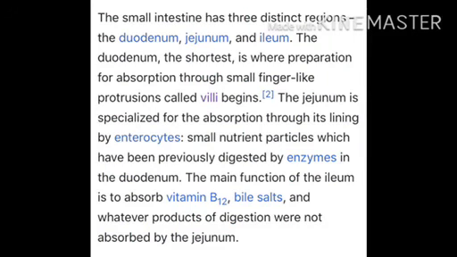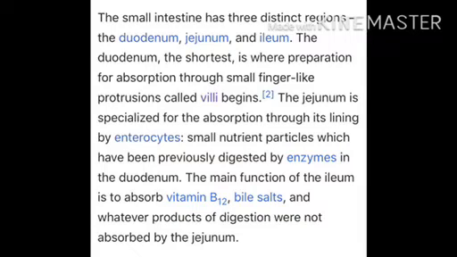The small intestine has three distinct regions: the duodenum, jejunum, and ileum. The duodenum, the shortest, is where preparation for absorption through small finger-like projections called villi begins.